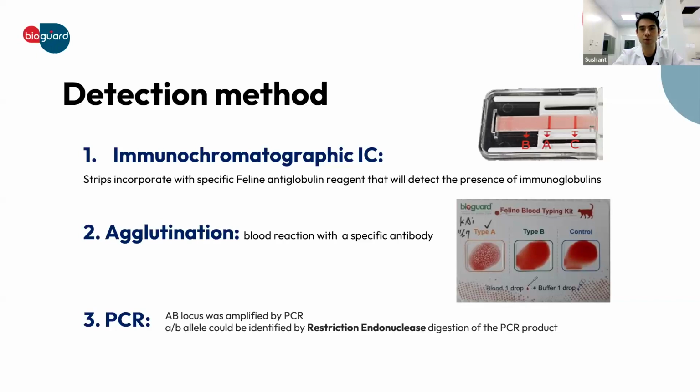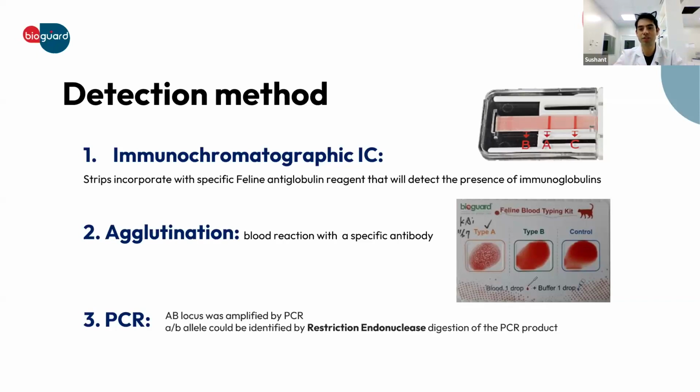However, agglutination is another common technique, mostly used and preferred by most labs throughout the world. In this, the blood reacts with a specific antibody present on the surface of the card.